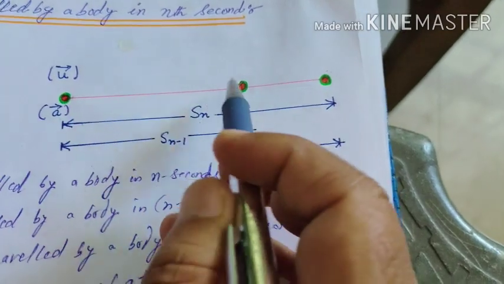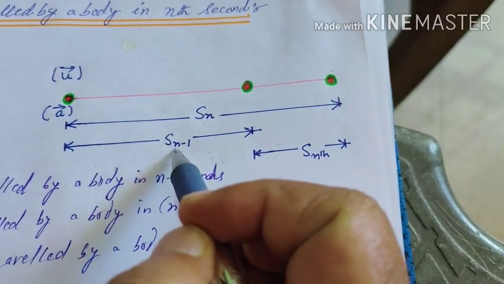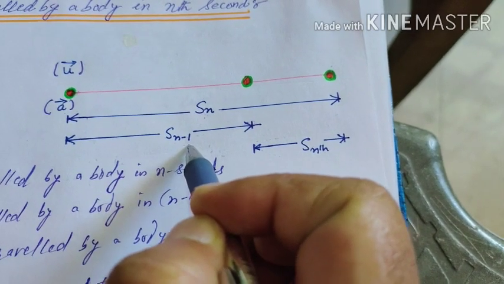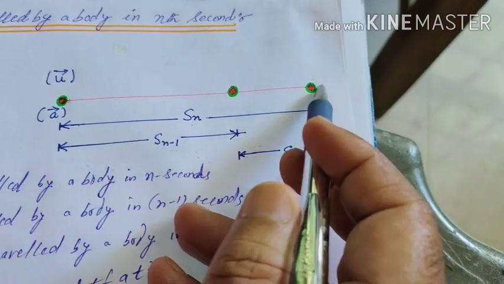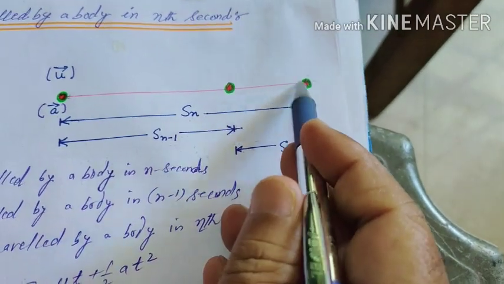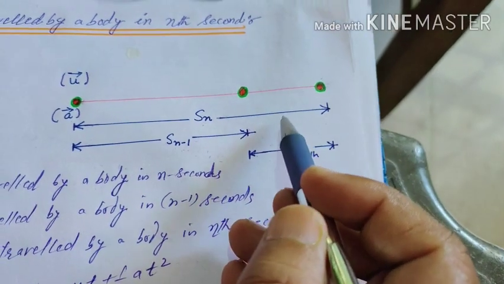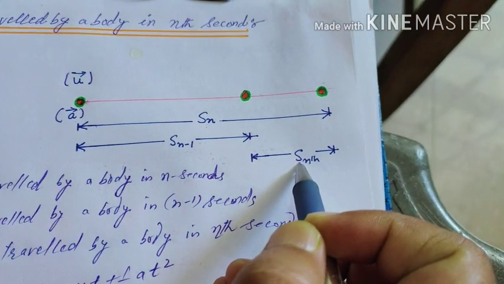And if the body covers this distance in 9 seconds, then this is S9, that is S10 minus 1. So if this distance is traveled in n minus 1 second and this distance is traveled in n seconds, then what about this distance? This distance is traveled in the last second. So I can say this is the distance traveled in the nth second.